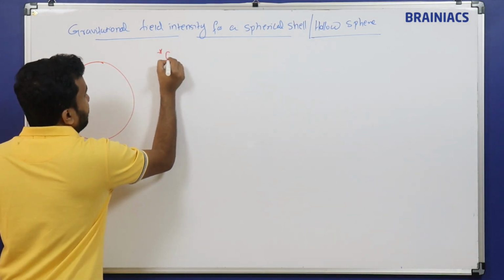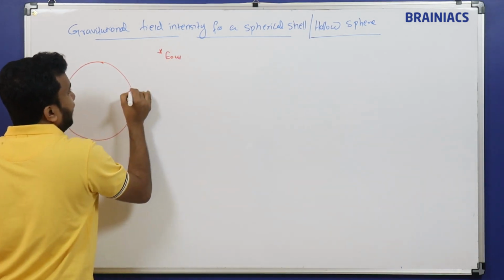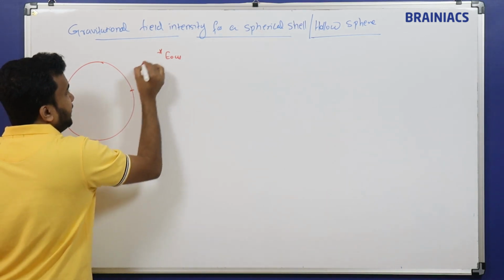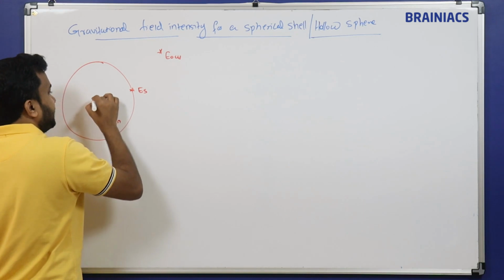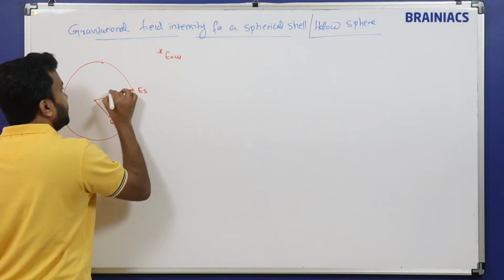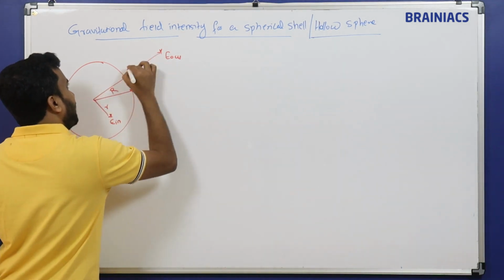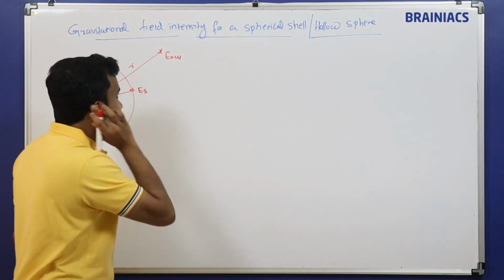One is the gravitational field outside, another is the gravitational field at the surface, another is the gravitational field inside. This is the distance r, this is capital R. Let me write the three situations.